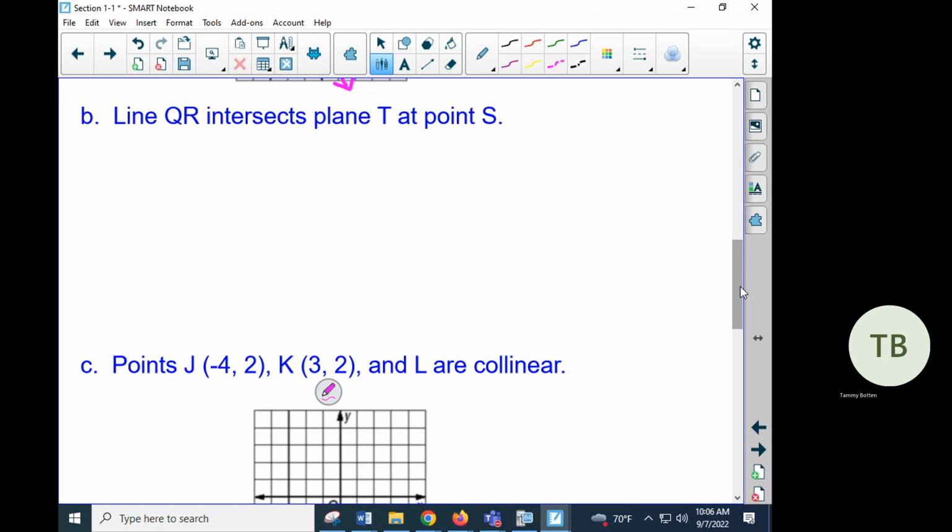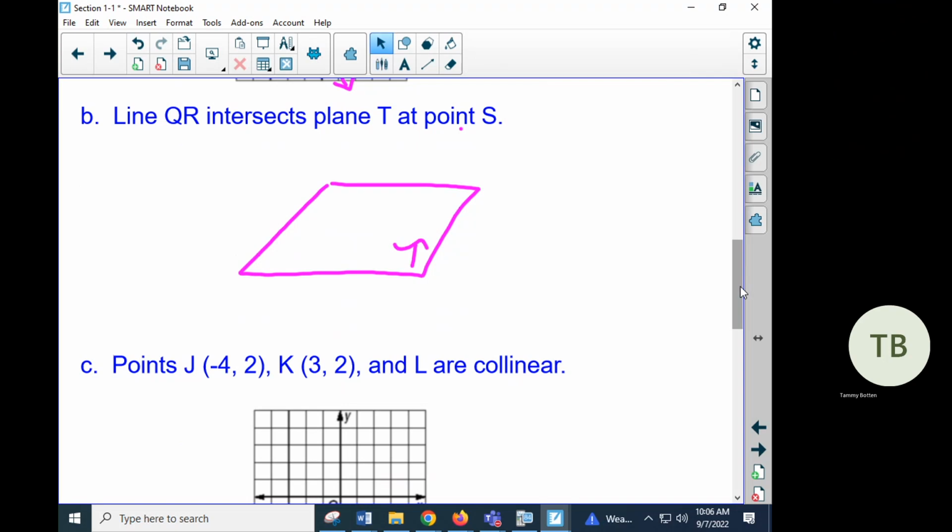When it says the line intersects the plane at just one point, we have our plane, and we can call it plane T. So somewhere in a corner, put a T without a dot. And it says line QR intersects that at point S.